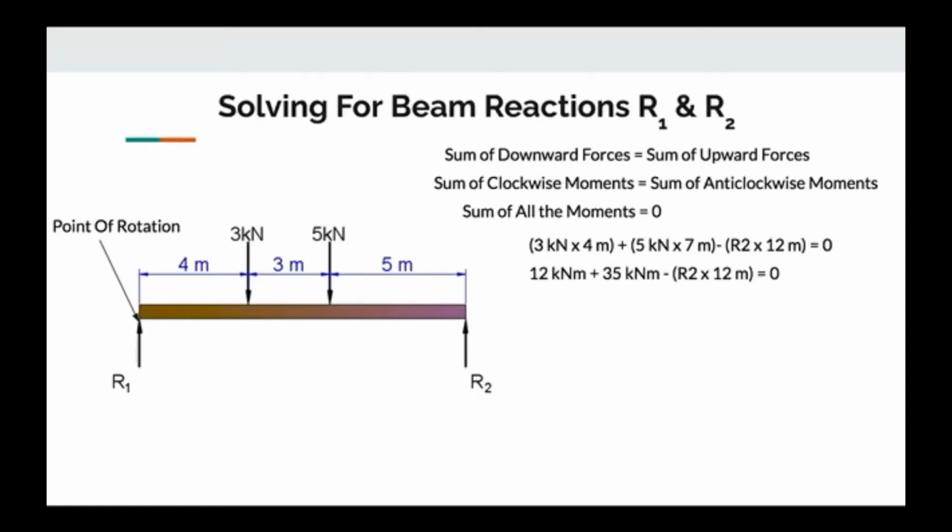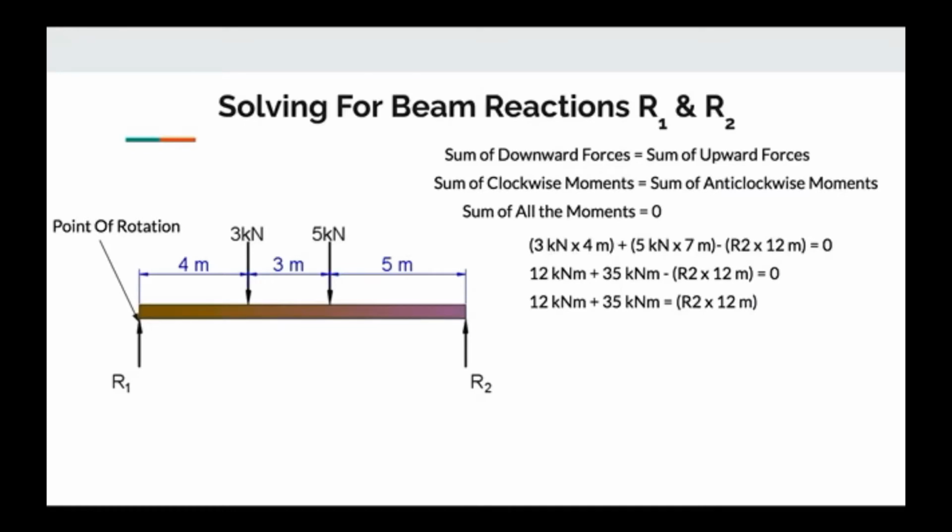So we realize that the moment of the 3 kilonewtons based on the distance is 12 kilonewton meters. And the second moment is 5 times 7, that is equal to 35 kilonewton meters. And from all of that, you will subtract the moment of R2. So let's go to the next row in the calculations.